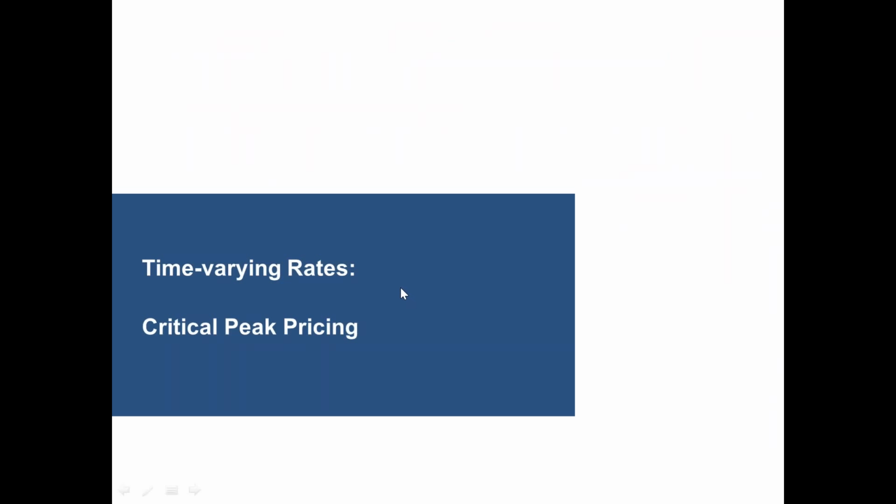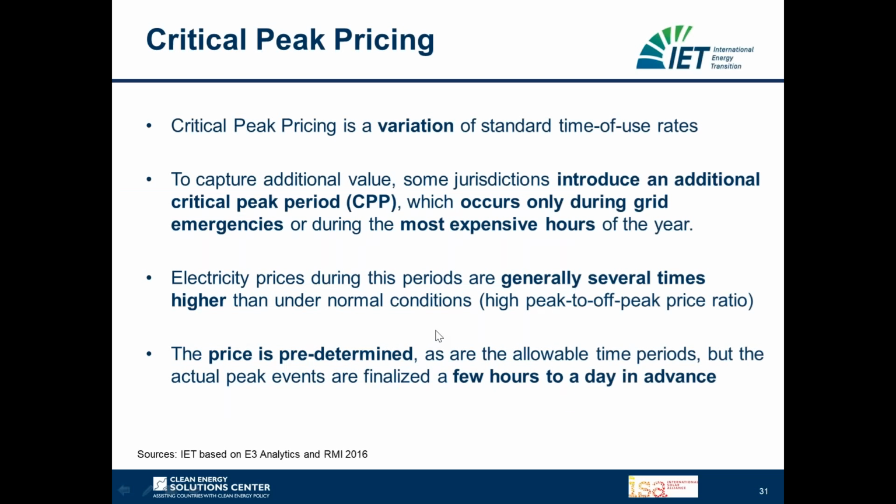Now we come to one variation of time of use rate, which is critical peak pricing. This is normally introduced for just certain hours of the year or very few days of the year where you might have certain emergencies in the grid, or where the grid is so much under stress that emergency critical peak pricing is necessary to give the necessary price signal to customers to reduce their electricity demand.